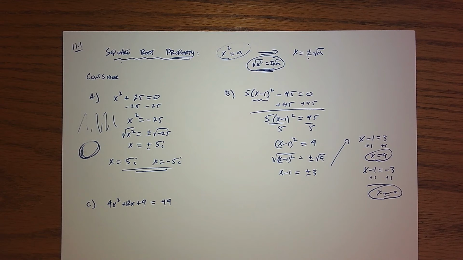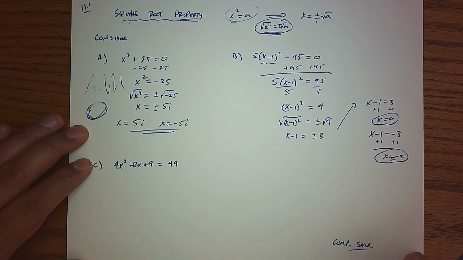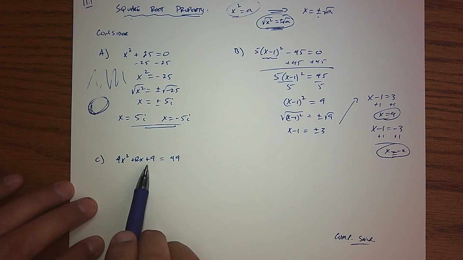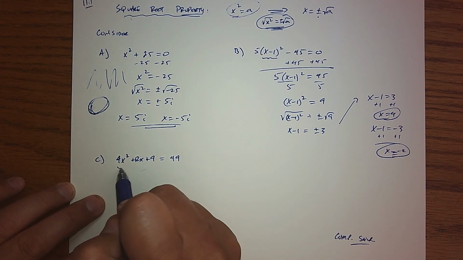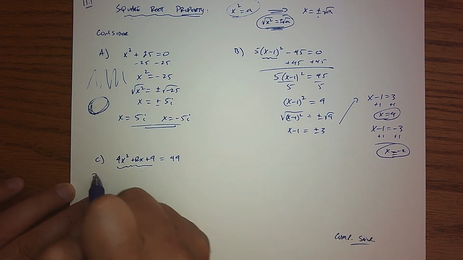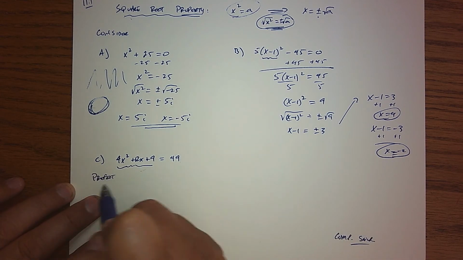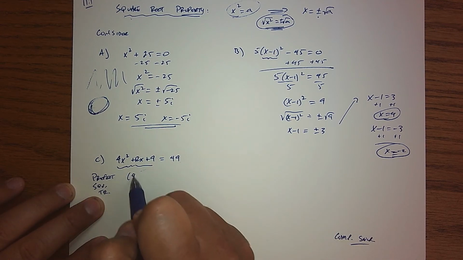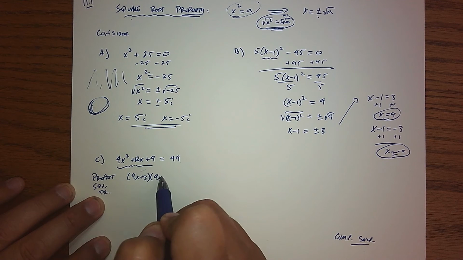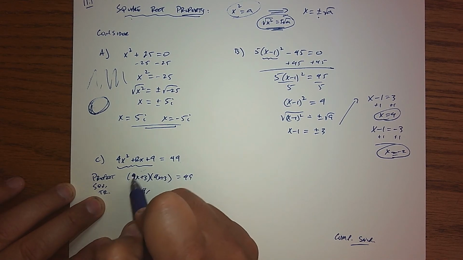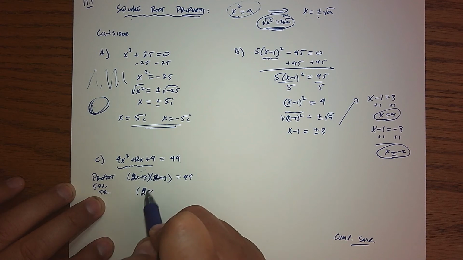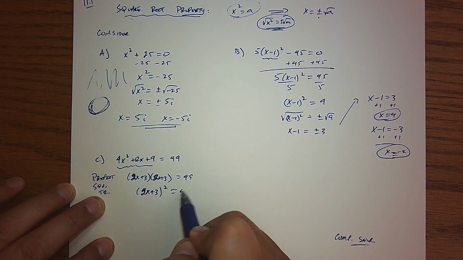All right, so there's our square root property in a tougher case. Letter C, this last one, you could solve this by subtracting 49 from both sides and then factoring the trinomial. However, if you look real closely, what I have there is what we identified earlier in our semester as a perfect square trinomial. It turns out that this is (2x plus 3) times (2x plus 3), which is just (2x plus 3) squared.